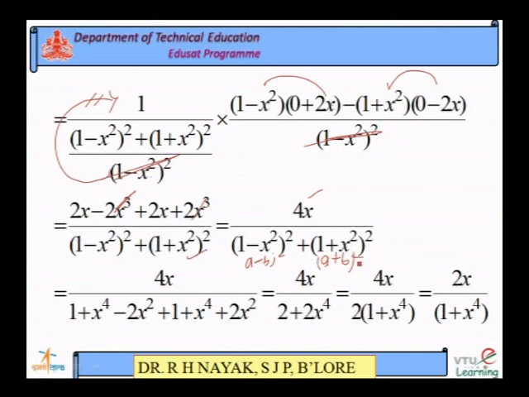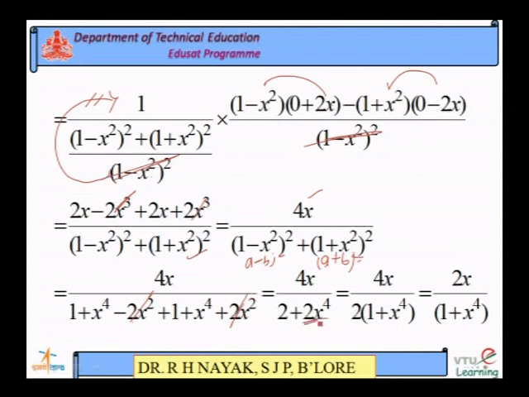A square is 1 square, x square whole square is x to the power of 4, minus 2 into 1 into x square, that is 2x square. Here also (1 plus x square) whole square plus 2 into 1 into x square is 2x square, 2x square get cancelled. Finally, we will have 1 plus 1, that is 2, x to the power of 4 plus x to the power of 4 is 2x to the power of 4.